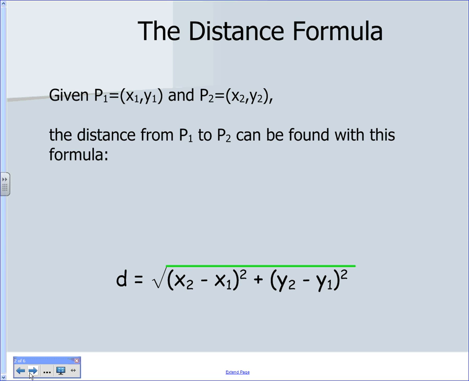Square root. Yeah, you will plug in things for x1, x2, y1, and y2.